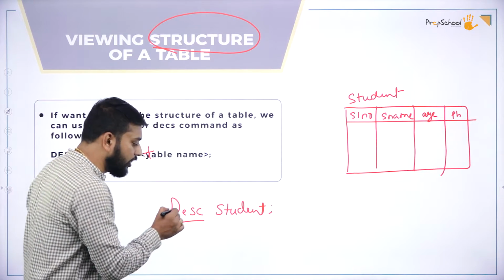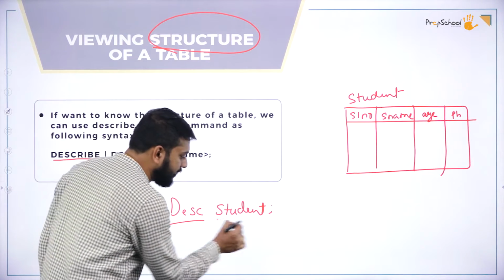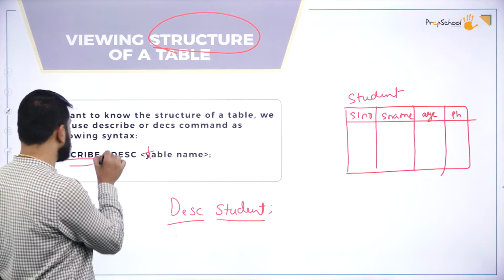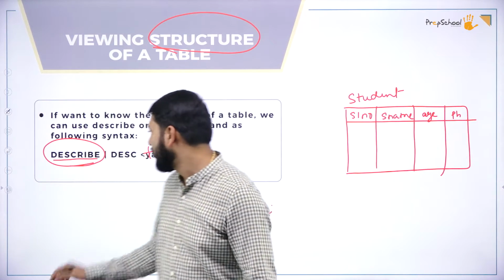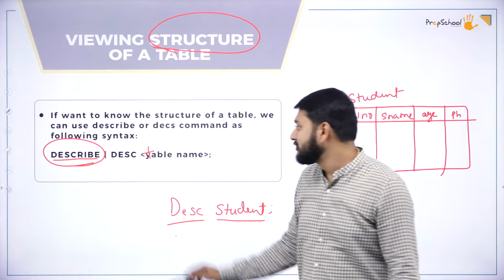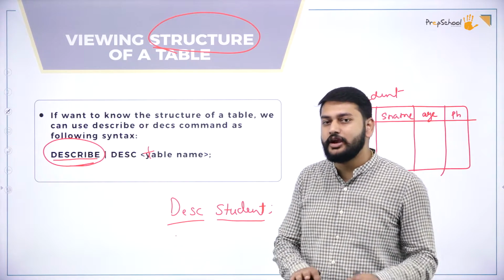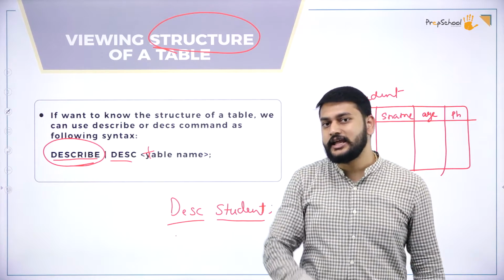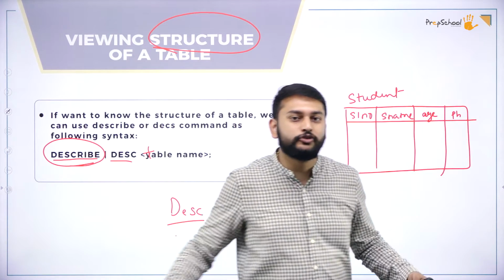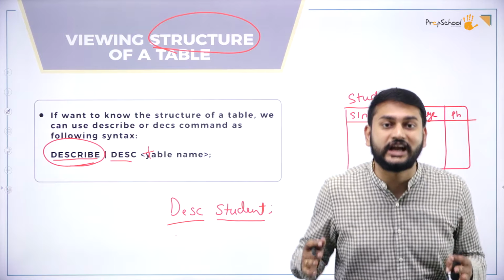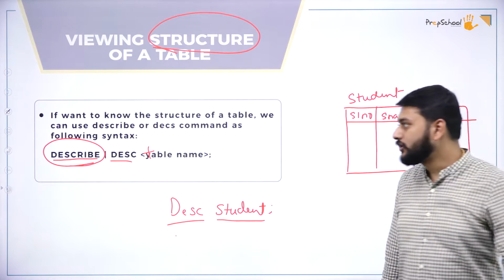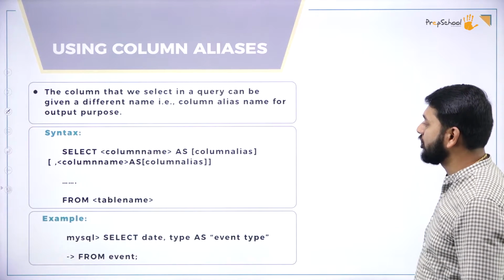So you will use a keyword called DES and you will write the name of the table. You can also use describe. You don't have to use DES. You can also use describe. But if you are finding it too lengthy, you can just type DES followed by table name. So it will give you the complete information about the structure of the table. So that's all about describing structure.